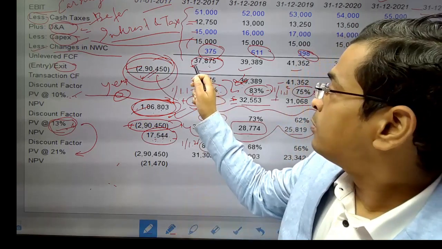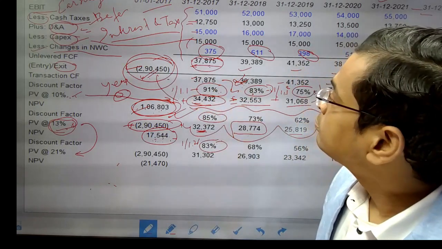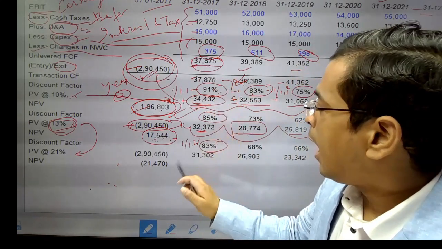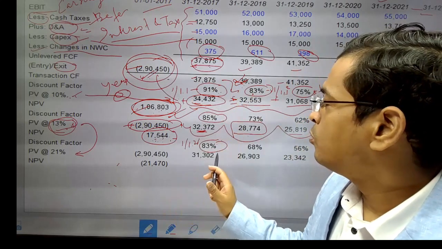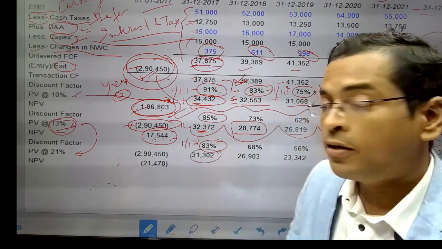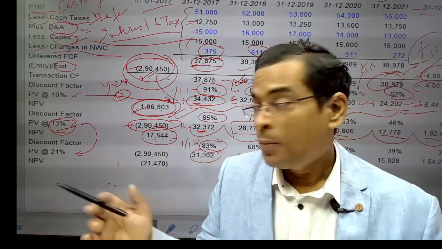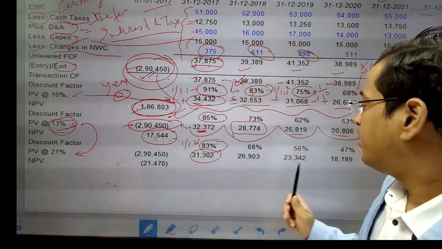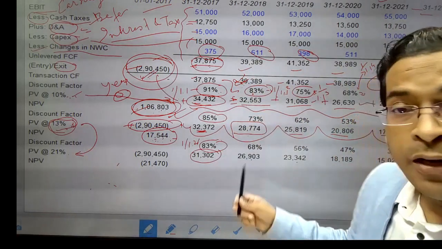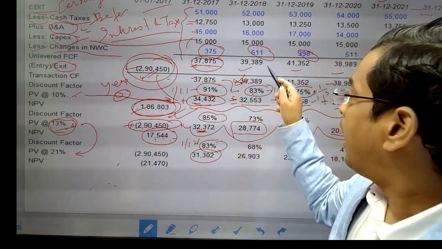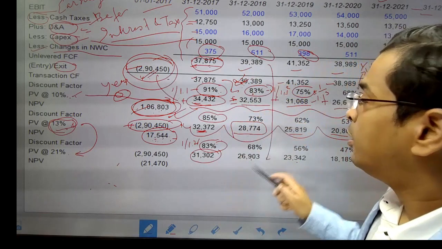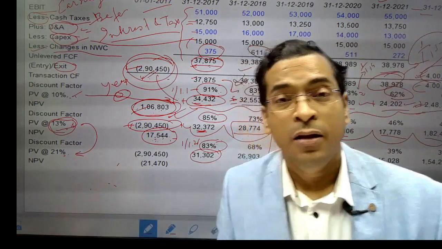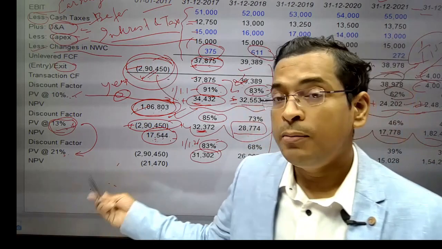The same cash flow, which was 37,000, after a year is discounted to 31,302 because of the much higher discount rate. Similarly, in the second, third, fourth year and all, every year the value has gone down drastically because of the much higher discount factor. The cost of capital is higher, so the present value will be much lower.